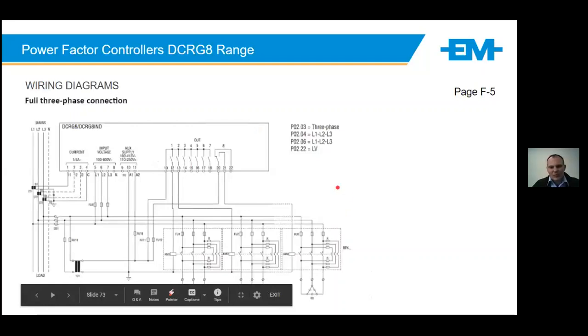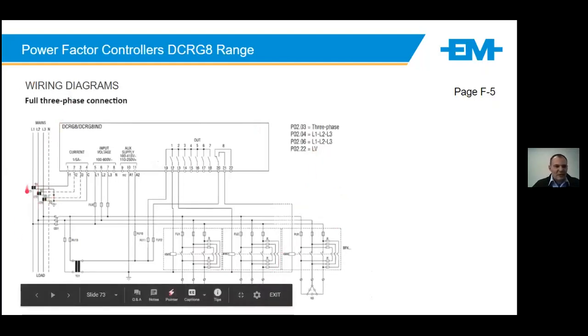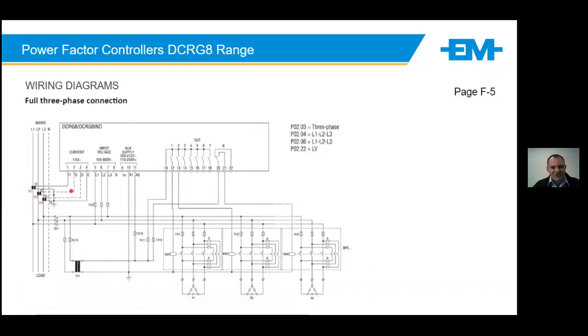Okay, what makes this controller unique and special for us? We always push for full 3CT installations to get true, more accurate, better defined measurement and control of the system, and then 3 voltage pickups.